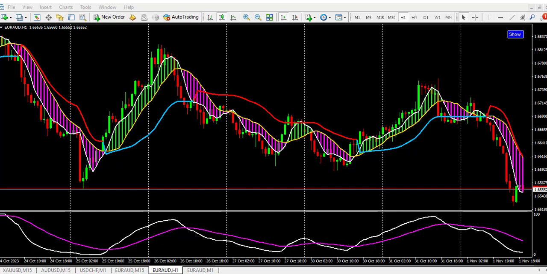This particular strategy can be used on any pairs. You can use this particular strategy to trade cryptocurrency like Doge, Bitcoin, Ethereum, Litecoin, or BTC USDT, BTC USD, ETH USDT, and the rest.